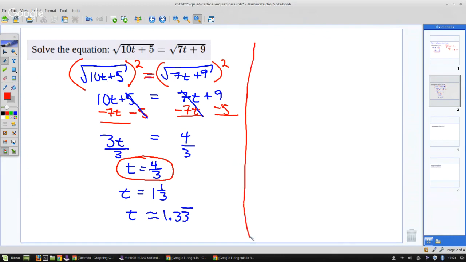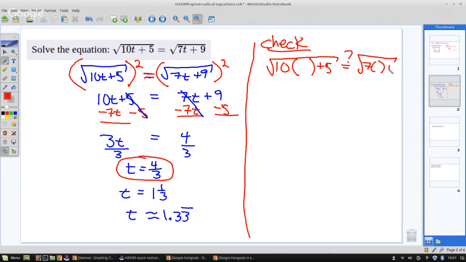So I think I have an answer. Now I have to check. So where there was a t, we need to plug in the answer we got. And I'm hoping that's equal to the square root on the other side, where I'm going to plug in, instead of a t, the value of 4/3.